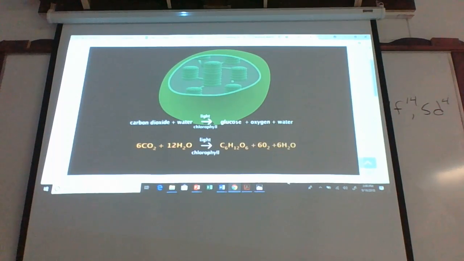Equations like this must always balance, showing the same number of atoms on each side. The numbers highlighted show us that 6 carbon dioxide and 12 water molecules are used to produce 1 molecule of glucose. In the process, 6 molecules of water and 6 molecules of oxygen are also produced.